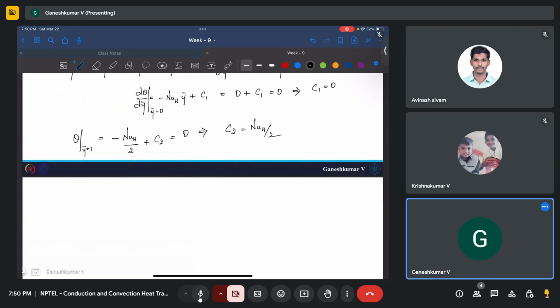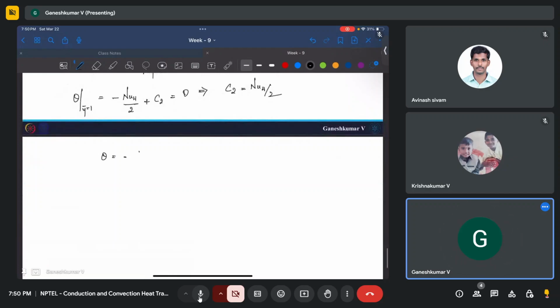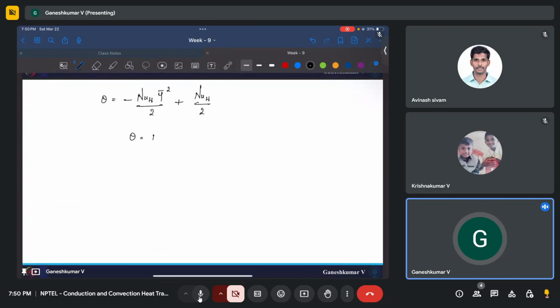Now you substitute them in: theta is minus Nu_h y bar square by 2 plus Nu_h by 2. You can take Nu_h by 2 constant, so you can simply express theta as Nu_h by 2 into 1 minus y bar square, where y bar is y by h.